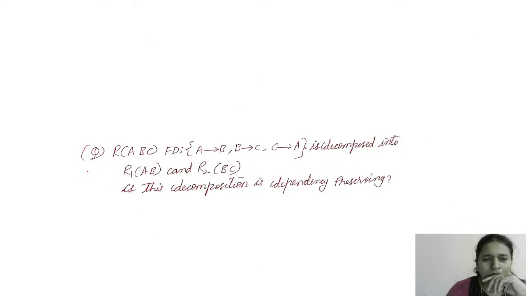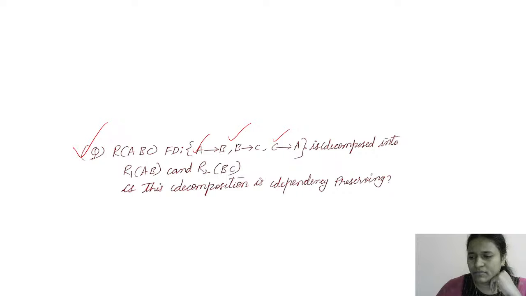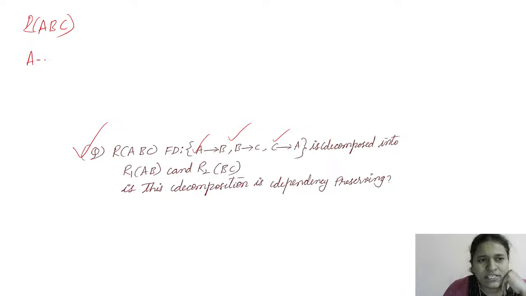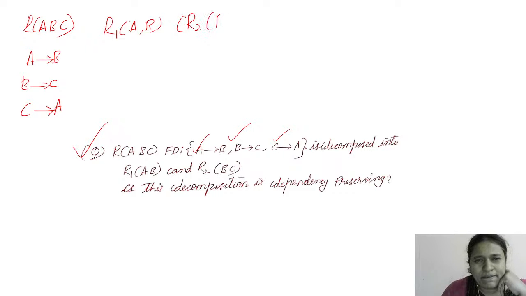This is a given relation A, B, C. The functional dependencies are A to B, B to C, C to A, and we will solve here. The relation is decomposed to R1 AB and R2 BC.